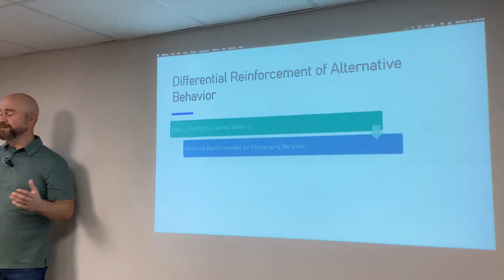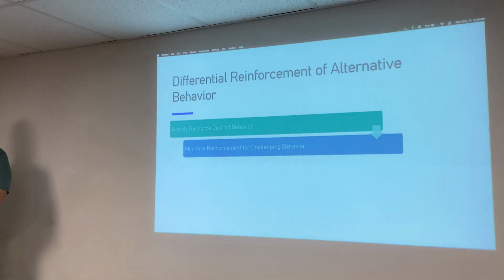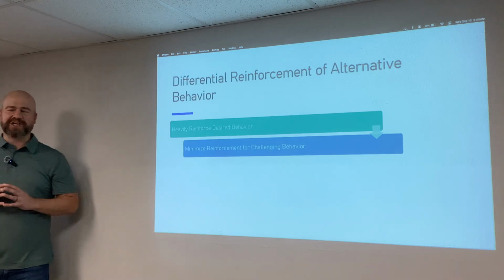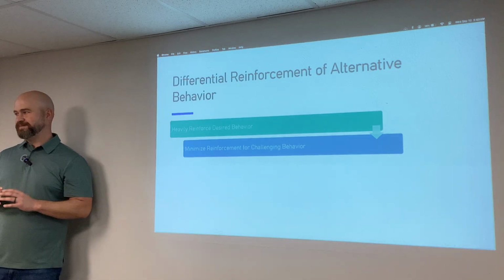We're not using punishment. So when we default to reinforcement, we're avoiding all those unwanted side effects of extinction. Remember the light switch going on and off a million times, right? We don't want that to be an aggressive behavior occurring a million times, right? So we avoid these strategies and we reinforce challenging behaviors minimally.